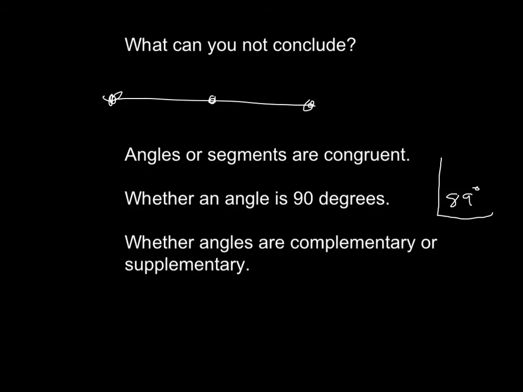You also can't assume that angles are complementary or supplementary. For example, you can't assume if those are drawn like that they're supplementary. You would need to see some numbers in order to conclude that they are. They could be, for example, just very close, and not add up to be 180.